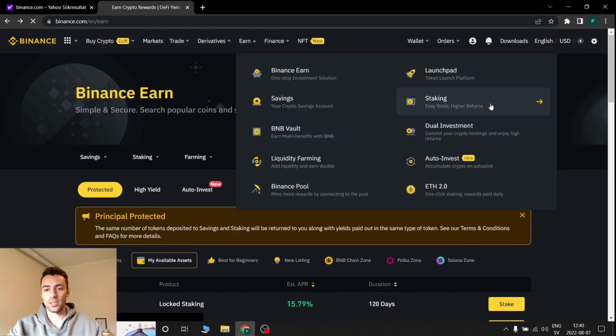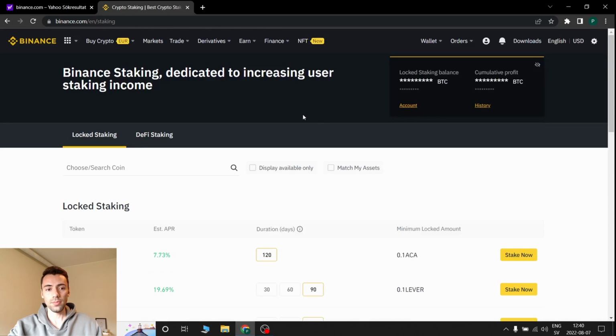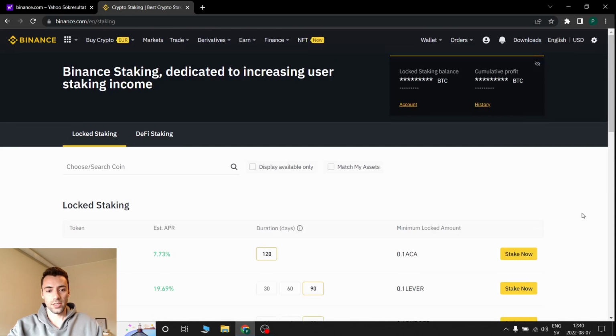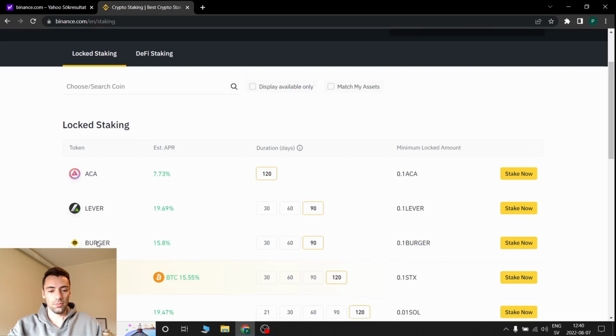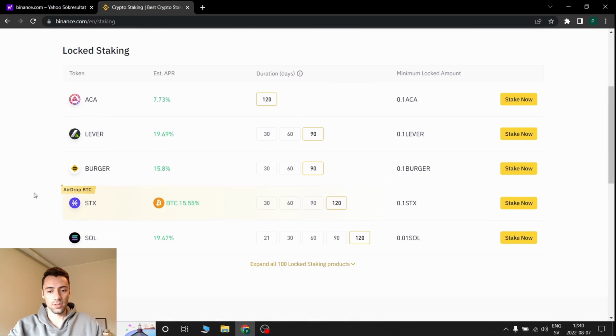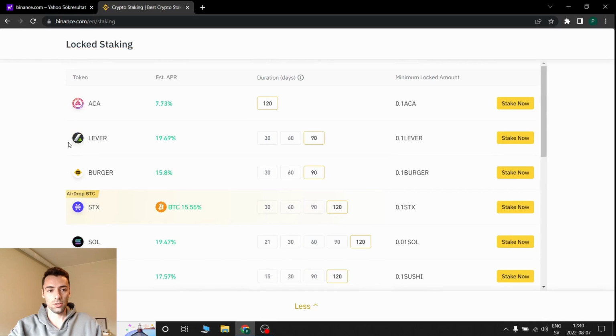Here again we have the staking part. You can stake your currency. Here again you can set the duration or days, and also the different types of currencies. You can expand all 100 staking products. So in this list, for example, this is the token ACA.